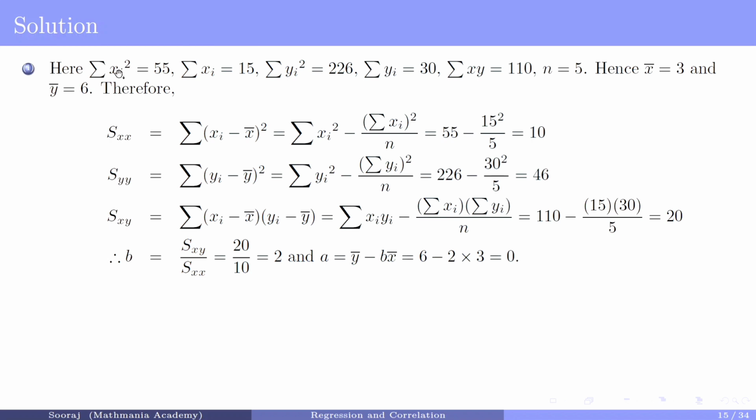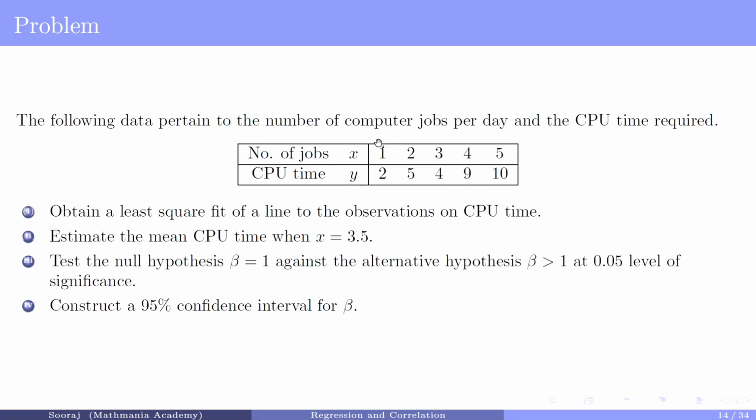So remember, xi and yi are directly read from the table. In order to find these sums, if you just add the entries in the first row and second row respectively, you would get summation xi and summation yi.